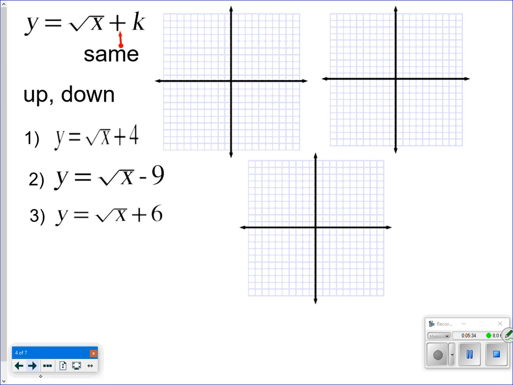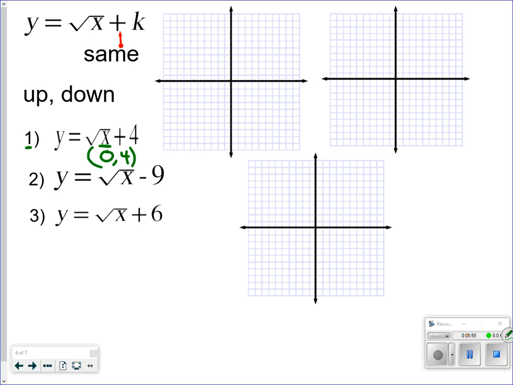Okay, question number 1. y is equal to the square root of x, and then in the back is sitting a plus 4. Now you notice there is not anything with the x underneath the square root sign. That means your h number is 0, and in the back it says plus 4. So your ordered pair that you're going to start at is going to be (0, 4).